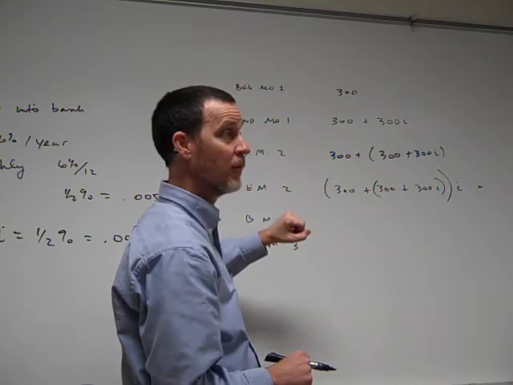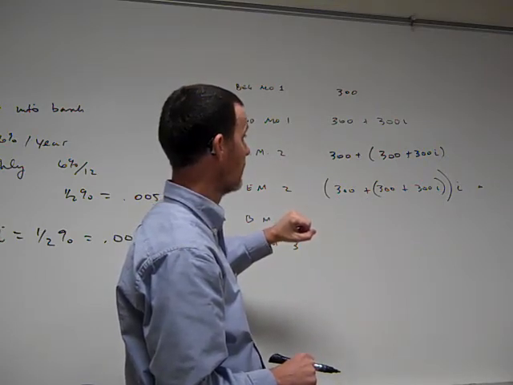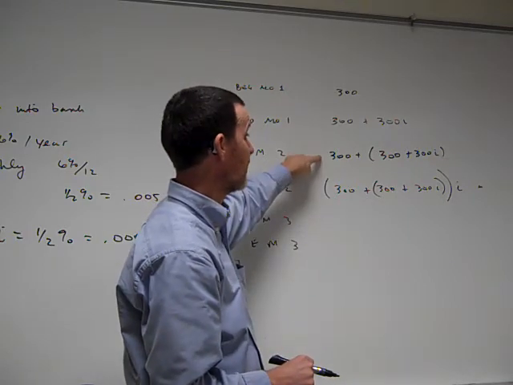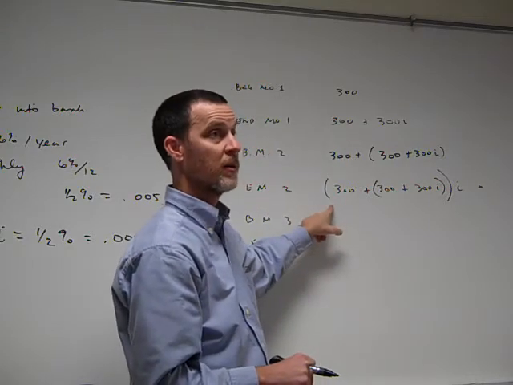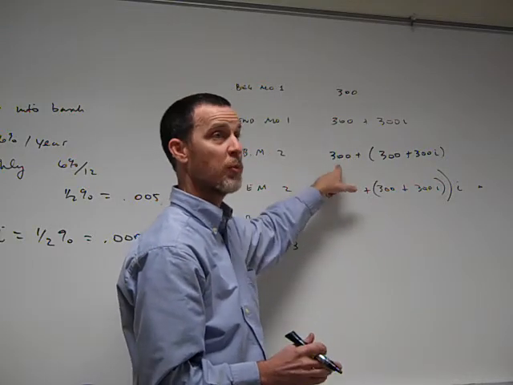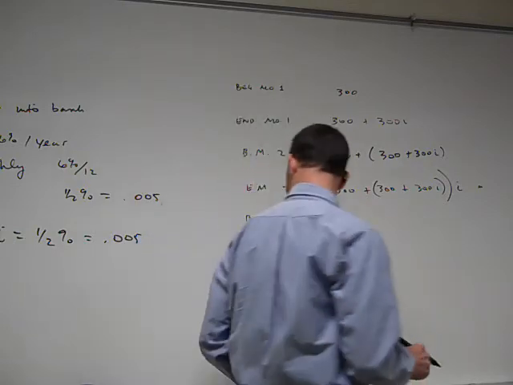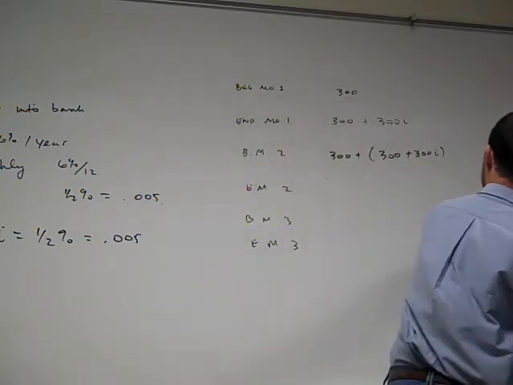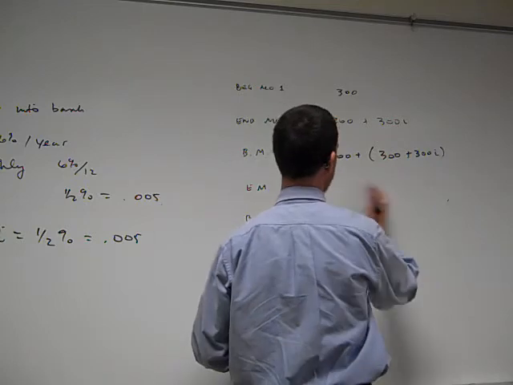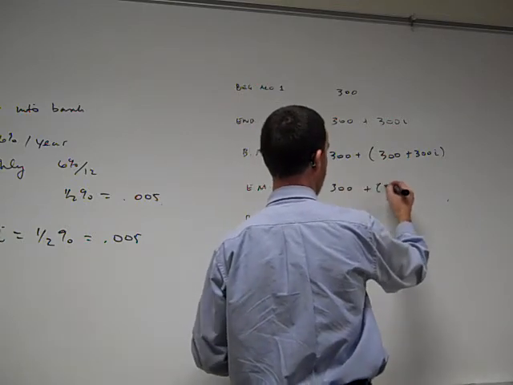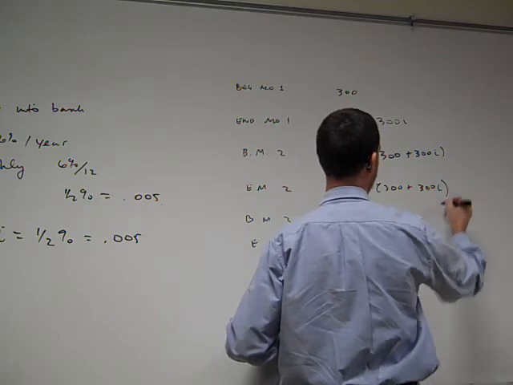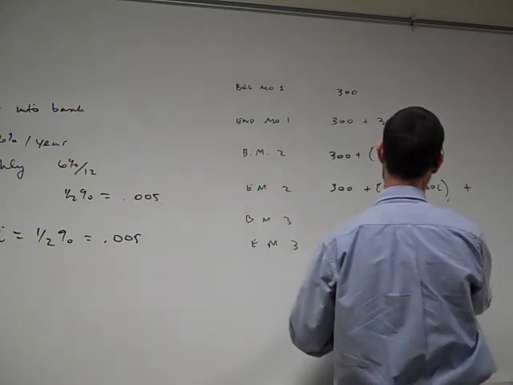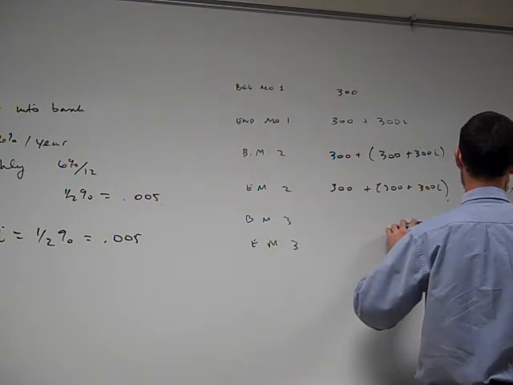Like the next month, you add 300 principal. Beginning of month 2, this is what I had at the beginning of the month, right? What does this number represent? Just the interest. I threw away the principal, right? 300 plus. Oops. I have all of this plus all of this times I.